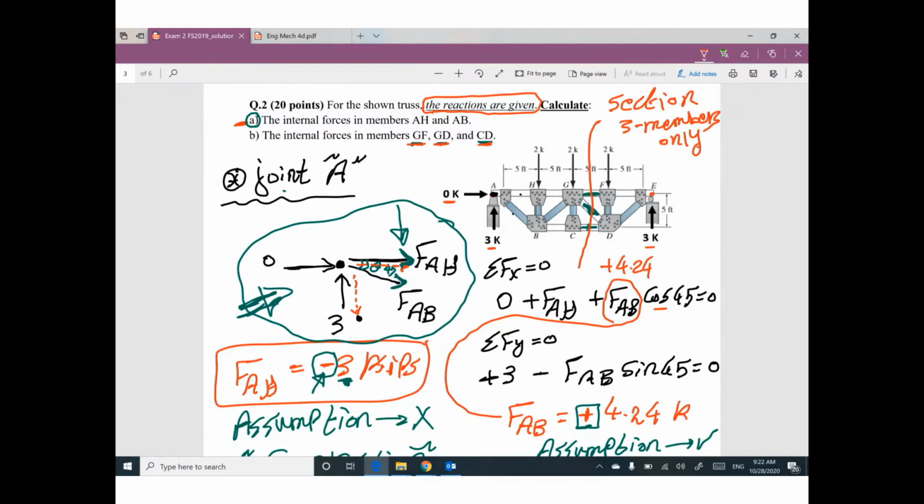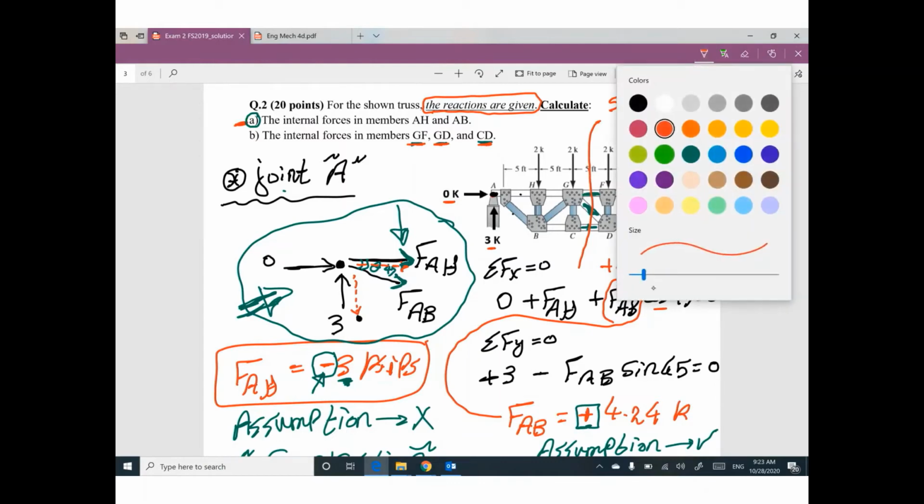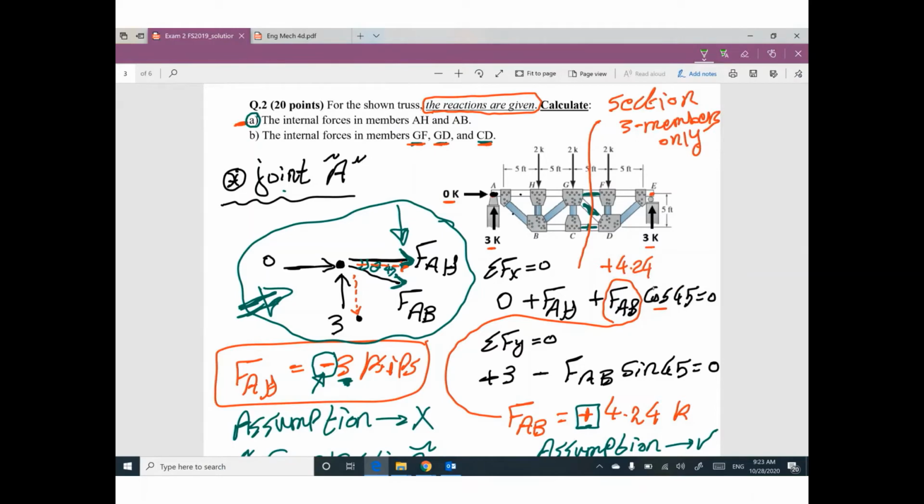Keep going. We have 2 options. I can cut and work with this part of the structure, or I can cut and use this part of the structure. Actually, I'm going to use the smallest part. Both of them work, but I'm going to use the smallest part.